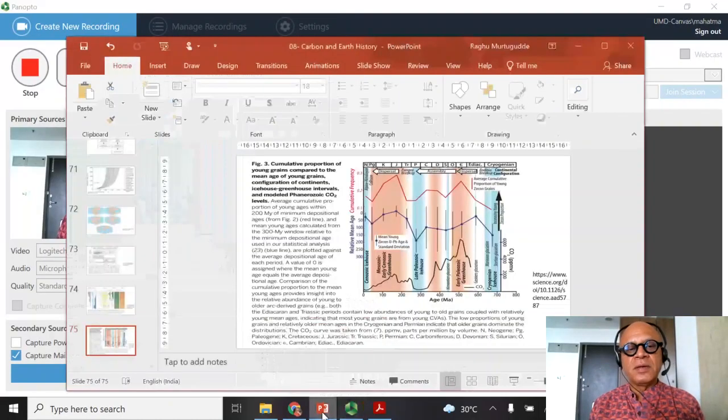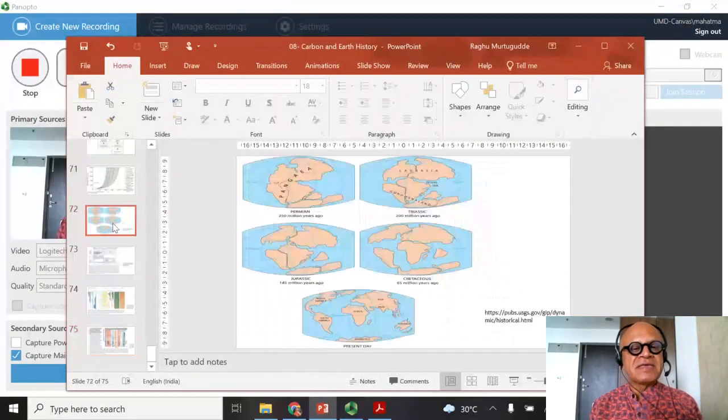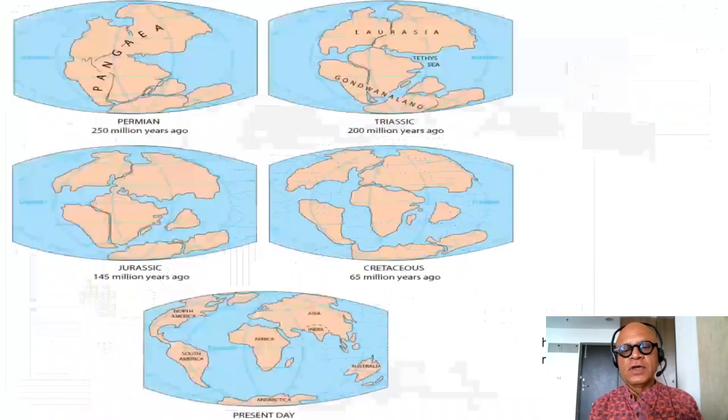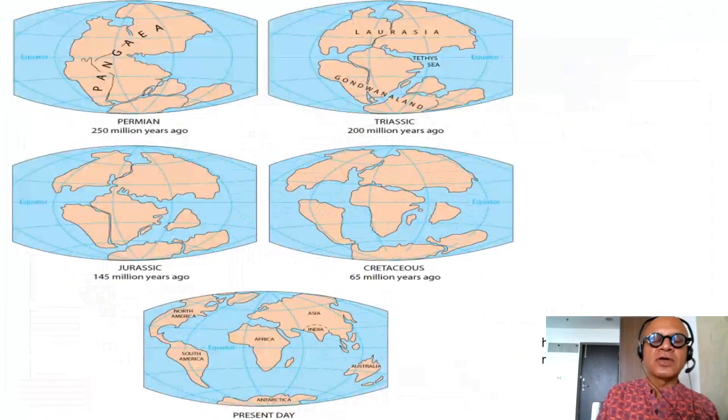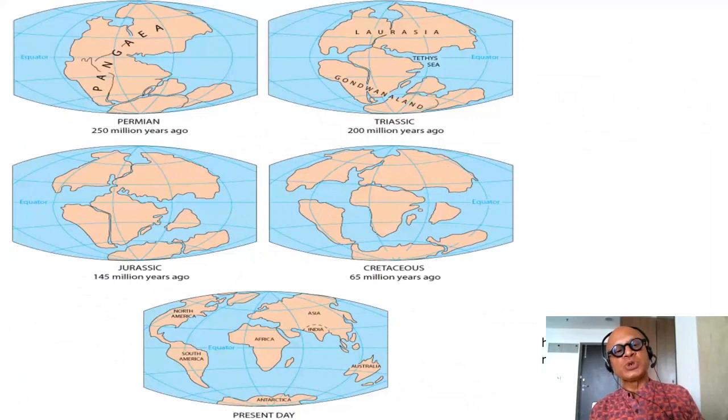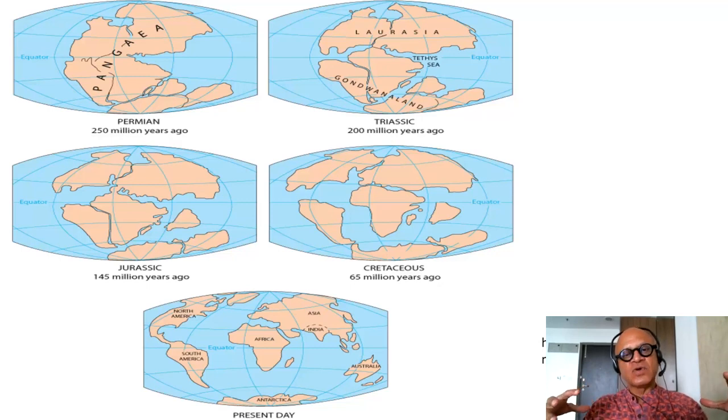So one more piece remains in terms of closing out the controls on atmospheric and oceanic carbon dioxide levels through Earth history and evolution of the carbon cycle, and that is magmatism and degassing, where degassing is basically where the CO2 is being forced out by, let's say, plate tectonic activities.